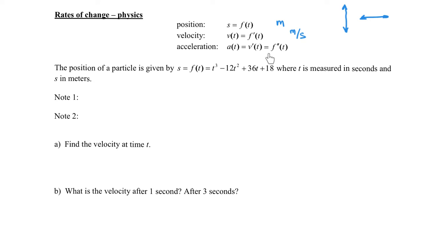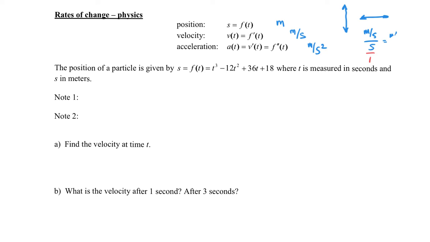So acceleration, the units would be the meters per second, which is typically written as meters per second squared. And again, it's just because it's a little awkward to write meters per second per second. So we do the mathematical equivalent of, instead of dividing by seconds, we could multiply by the reciprocal of seconds, right?